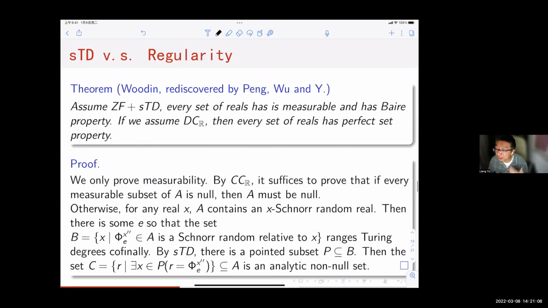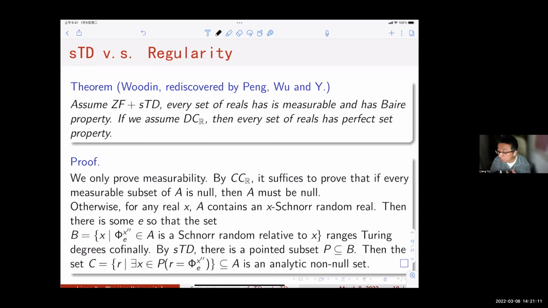But by sTD, we can actually find a very uniform proof. I guess this was also already proved by Woodin, so it's discussed by us. Let's just look at the proof. CF plus sTD implies every set of reals is measurable.